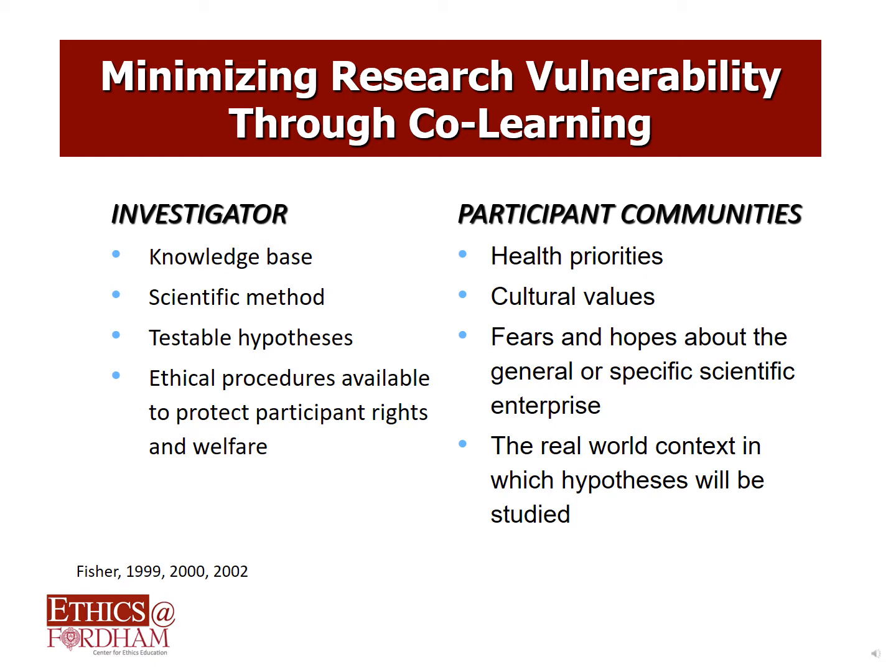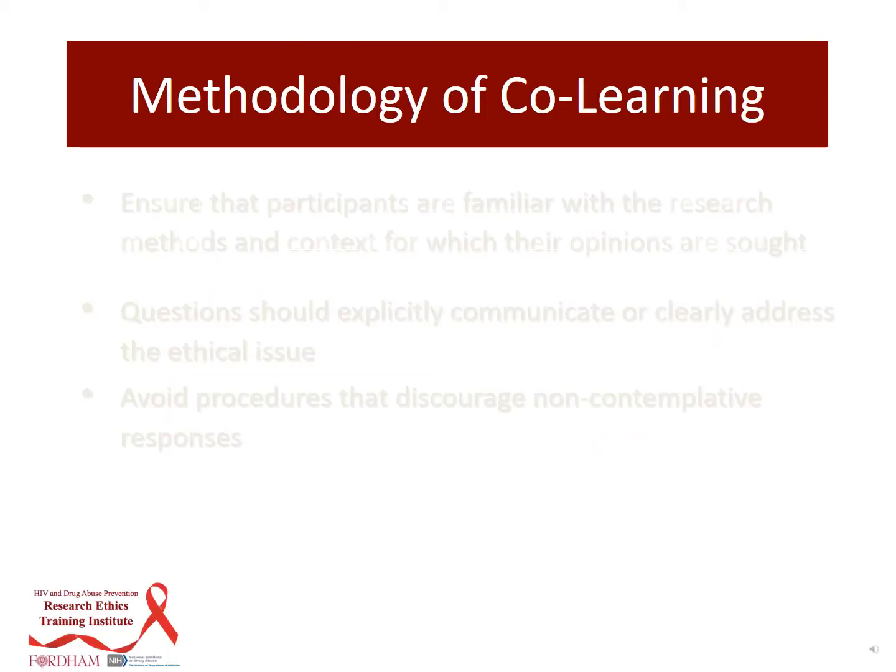We know the scientific method. We know how to test a hypothesis. We also know the ethical procedures that are available to us and that are required through federal or international regulations. But participants are experts in their own health priorities, in the cultural values that they bring, in the fears and hopes they face in terms of what we're doing, and the scientific enterprise in particular, and the real-world context in which hypotheses will be studied.